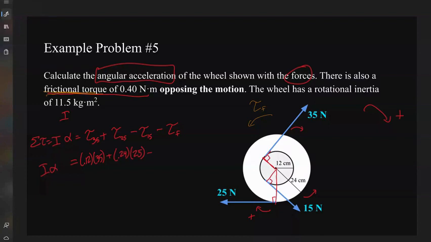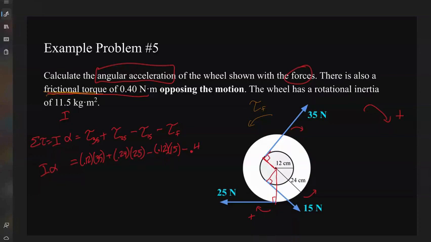Okay, and then the torque of the 15, well, we're back to the 12 centimeter radius here, 0.12 times our 15 Newton force, and then minus our torque of friction, which I say is 0.4. So 0.4 Newton meters is that frictional torque.